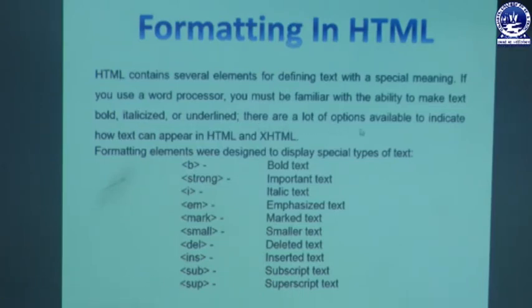There are a lot of options available to indicate how text can appear in HTML and XHTML. A word processor is a famous software, or a collection of software, in which we can change the text format to bold, italics or underline, or some other colors or formats in different ways.